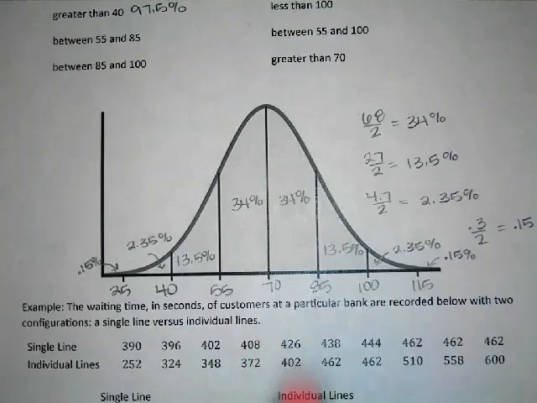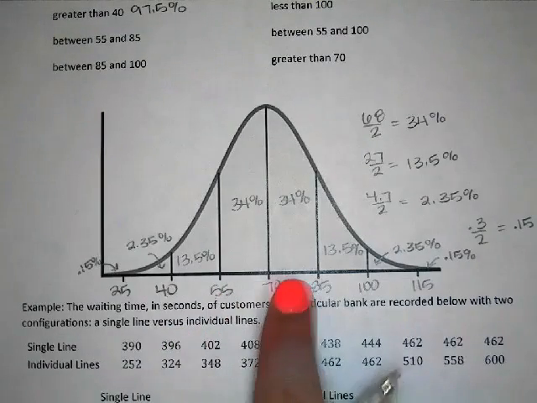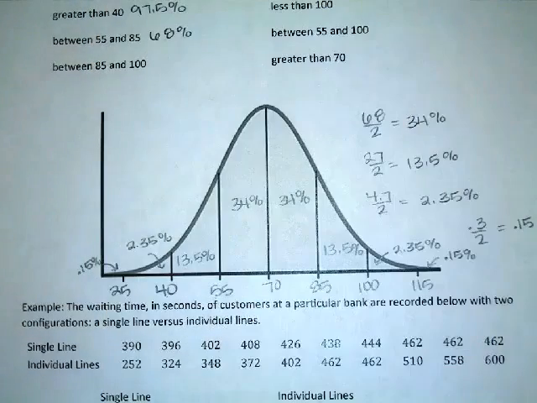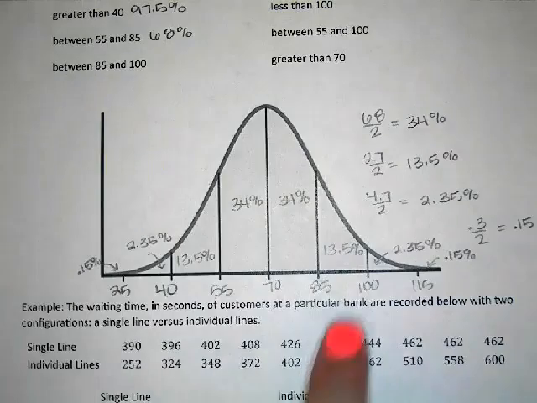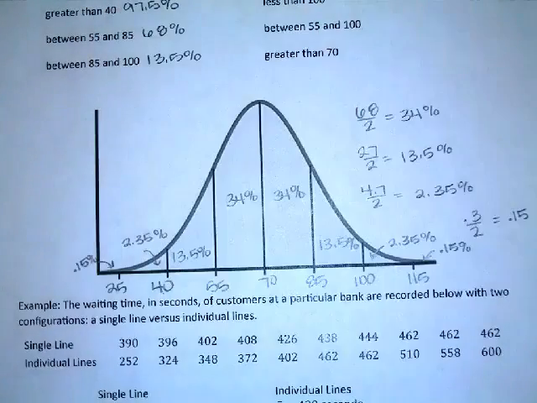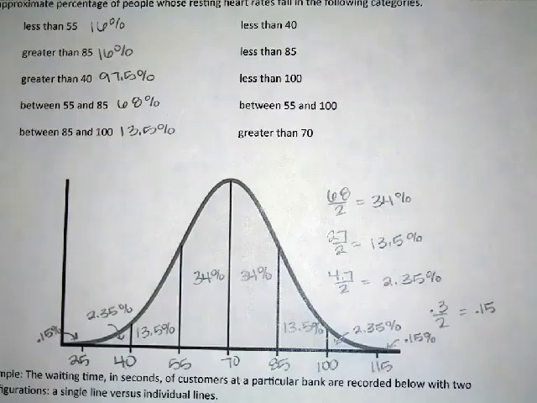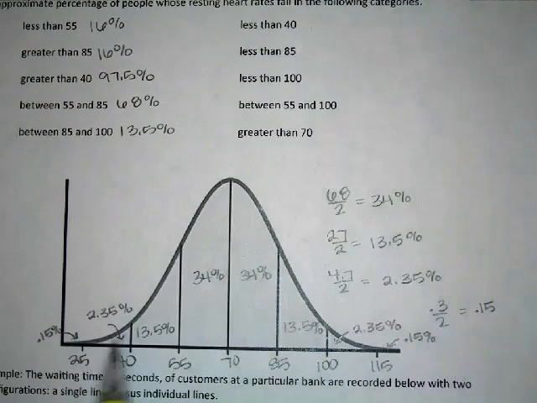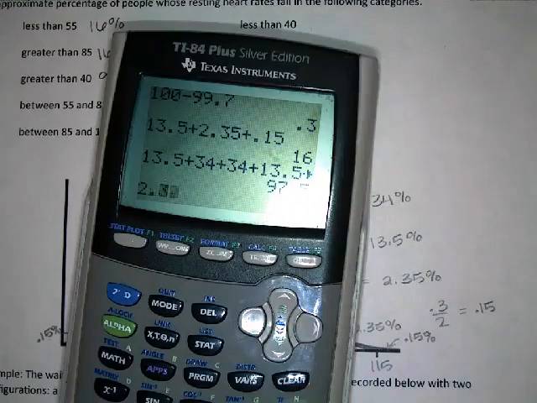That one's 68. That was easier. Between 85 and 100, 13.5%. Less than 40, 2.35 and 0.15. 2.5%.